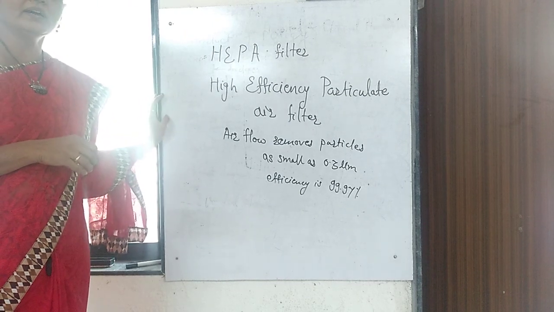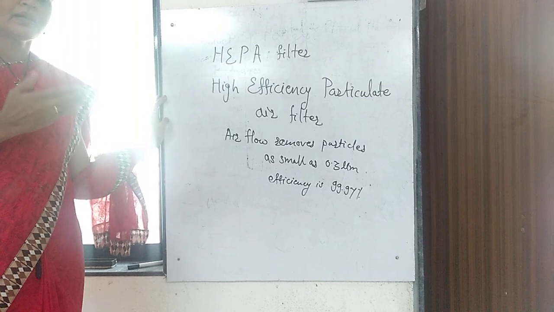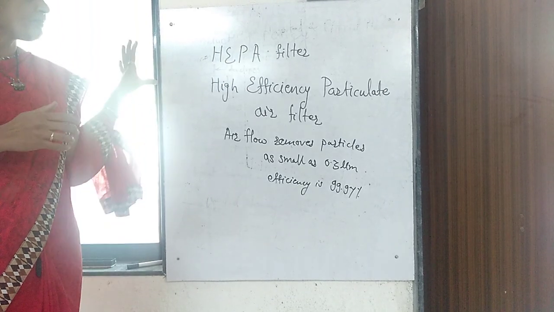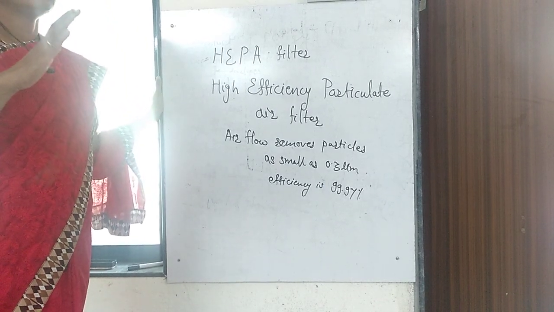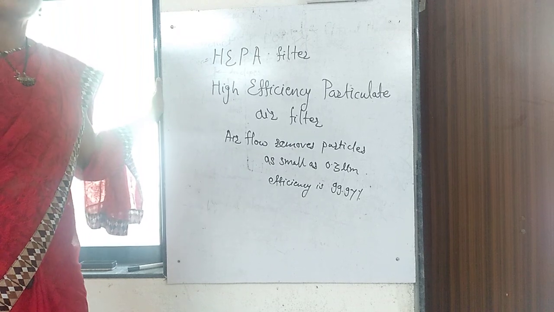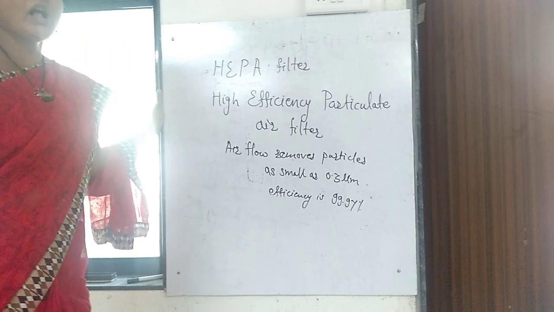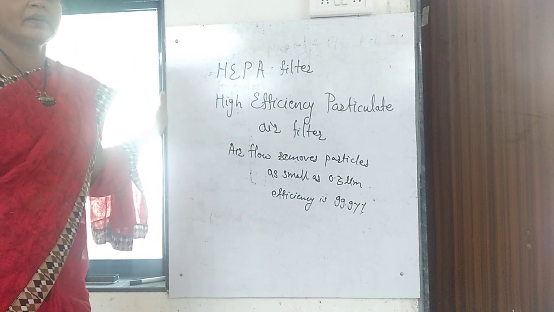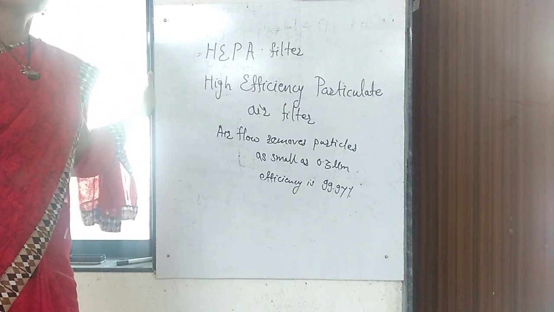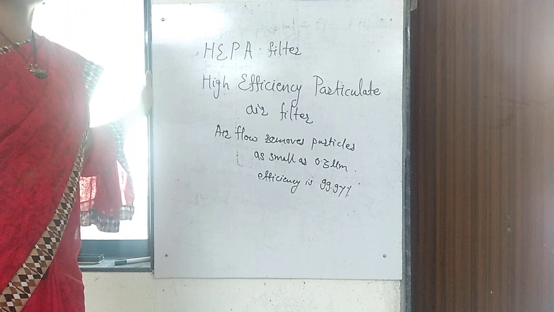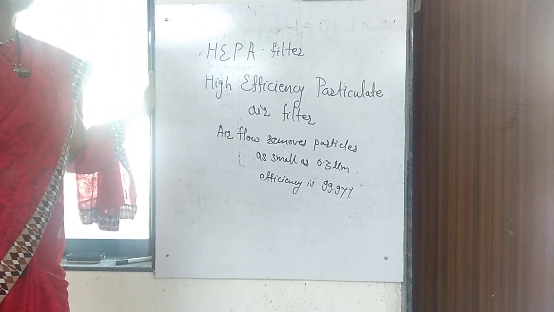What is the use of filter? Removal of particles. That is separation. The HEPA filter is used inside the area where the manufacturing of parenteral preparation is carried out. HEPA filters are fitted in the walls so that whatsoever air is moving inside the manufacturing area must be sterile.